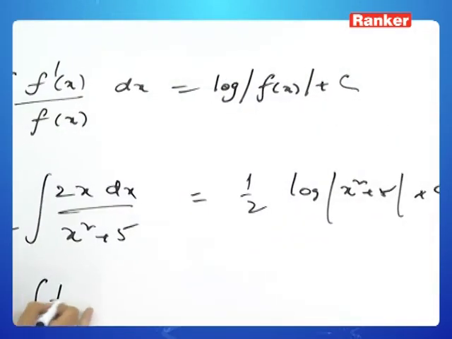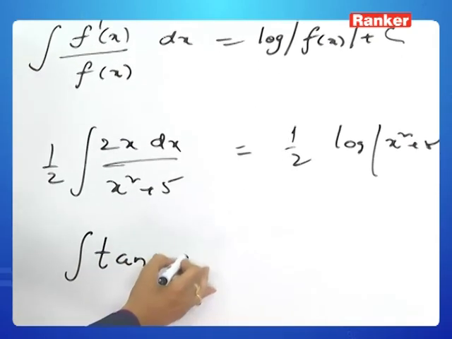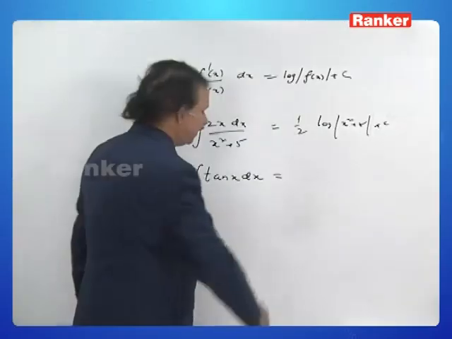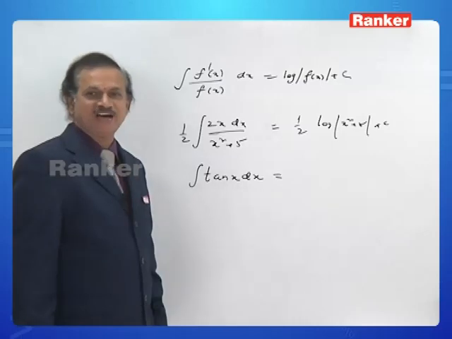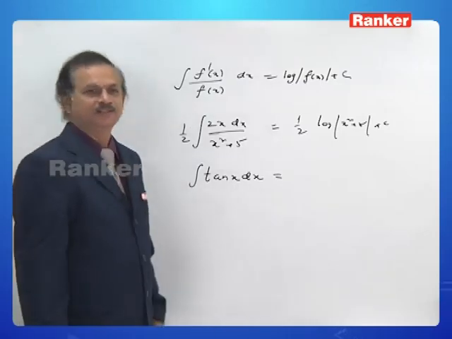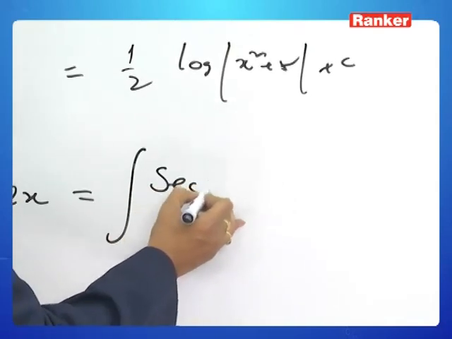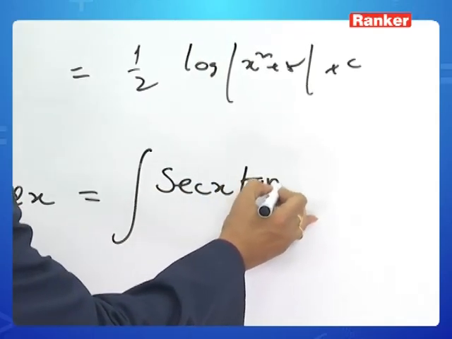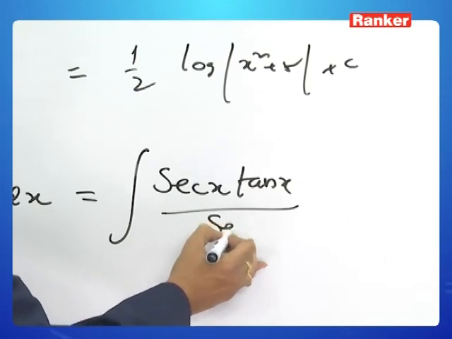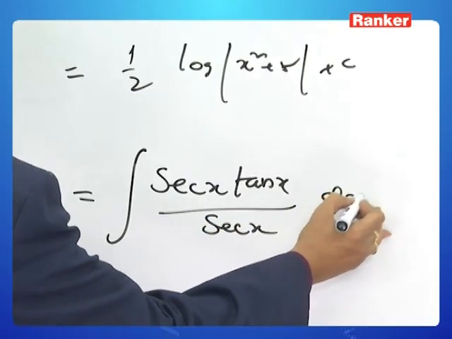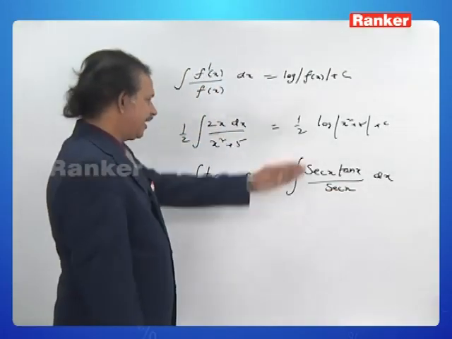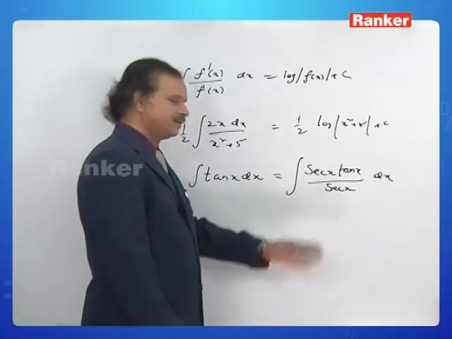What is integral of tan x? Actually speaking, it is not a formula that has been derived. How? What is integral of tan x? I am multiplying with secant x and dividing with secant x. You observe, in the numerator we have f dash x, and the denominator we have f of x.